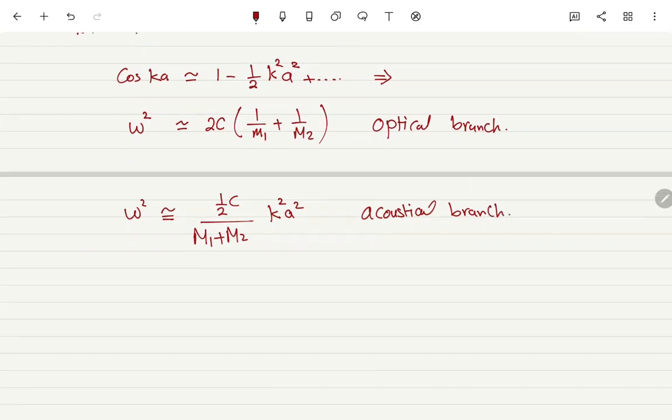Now at k maximum equal to plus or minus pi over a, omega square will be equal to 2c over m1, and omega square, the other one, equal to 2c over m2.